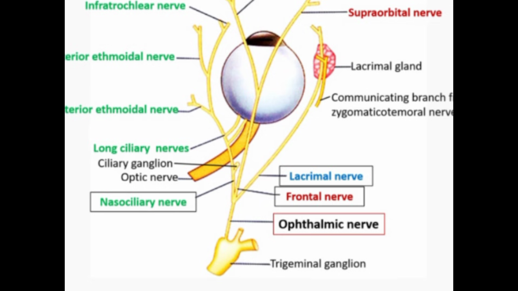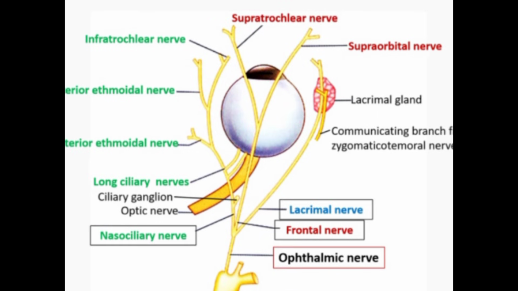Observe this picture. This is the ophthalmic division, which divides into lacrimal branch, frontal branch, and nasociliary.